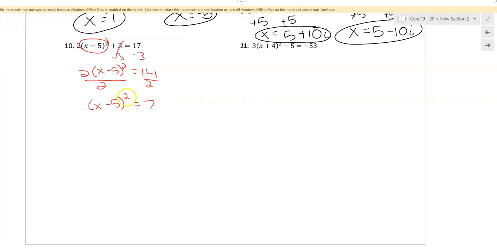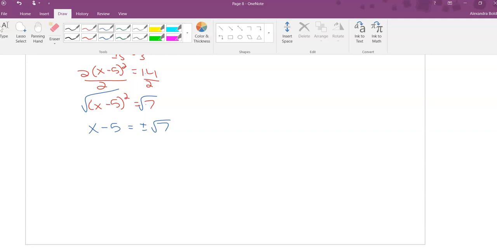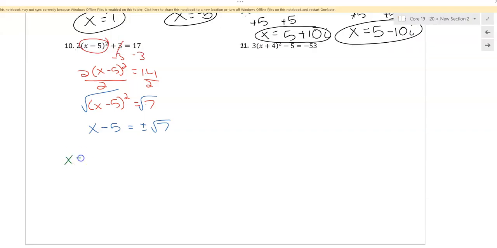Now that I have what's being squared by itself, I'm going to take the square root. I cannot take the square root of 7, so that's just plus or minus square root 7. Then split it up. x minus 5 equals square root 7, and x minus 5 equals negative square root 7.